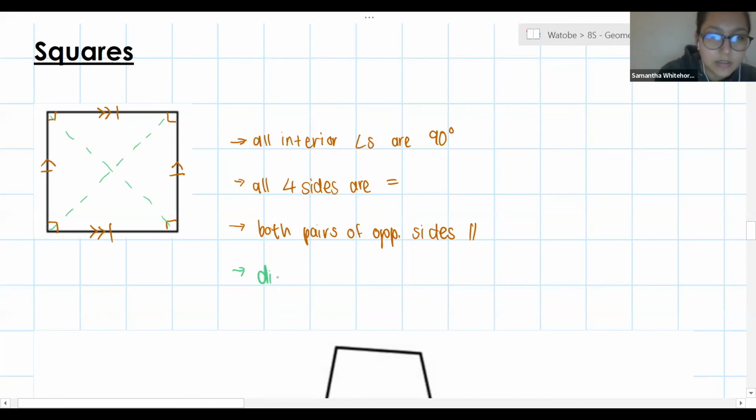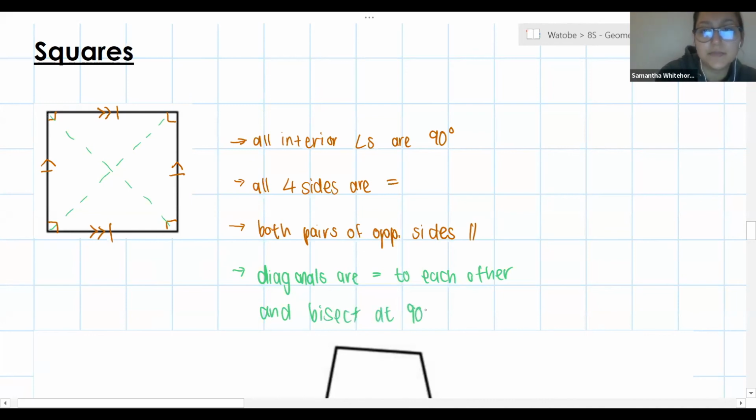The diagonals are equal to each other. And they bisect each other at 90 degrees. So they cut each other in half at a right angle.